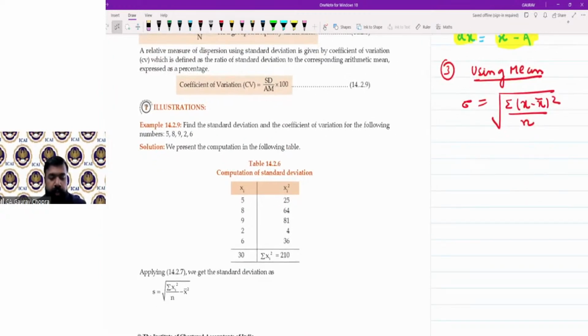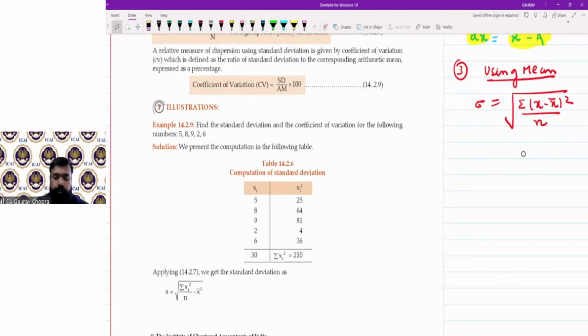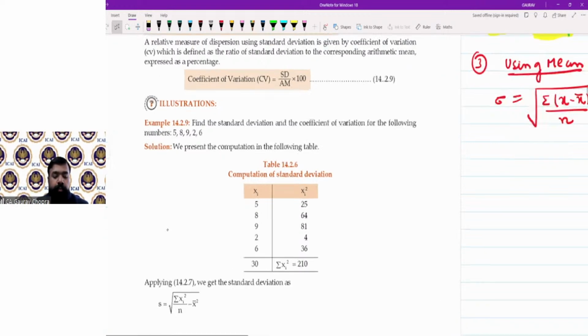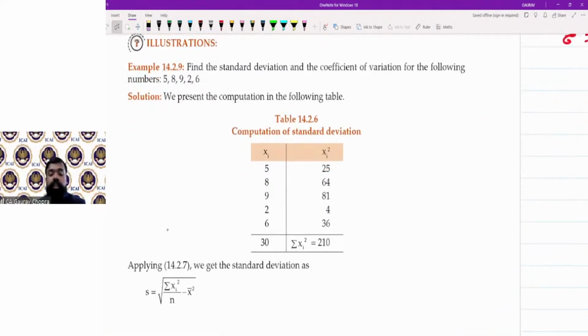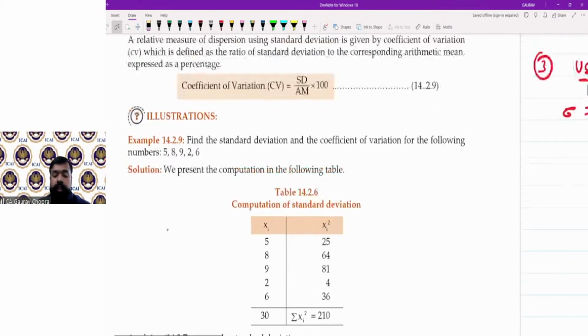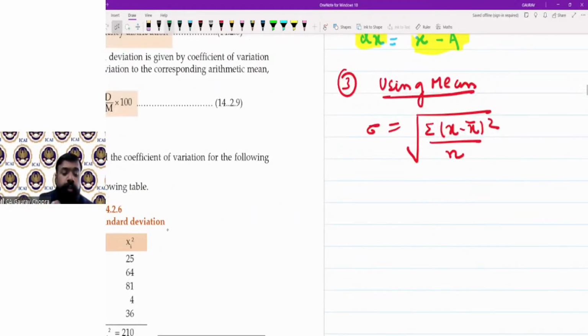We have this example, the 9th one. Let's solve this 9th example, 14.2.9. Find the standard deviation and coefficient of variation. Before solving this, let us write one more formula, that is the coefficient. In range also, we have done the coefficient of range.